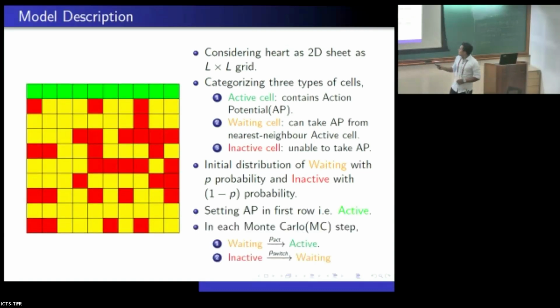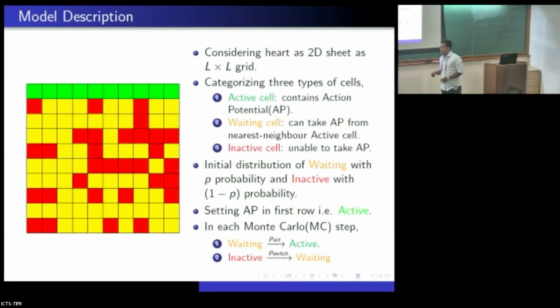In addition to that, we also set two parameters here. One is P act and another is P switch. That's a transformation rule: in each Monte Carlo step, whenever a waiting cell sees an active cell, it will transform to an active cell with probability P act.